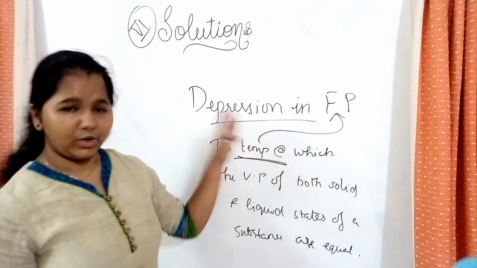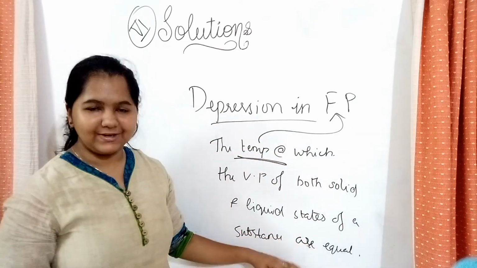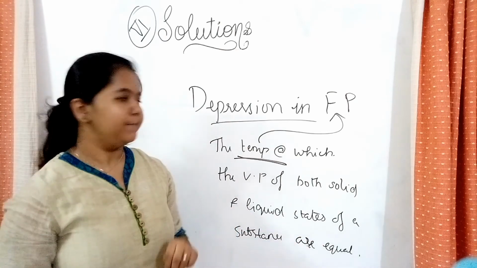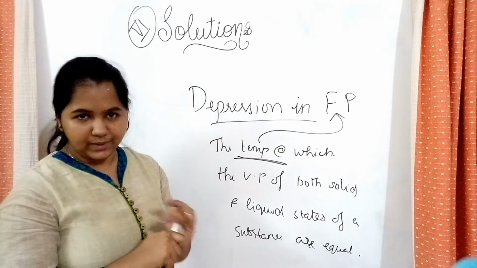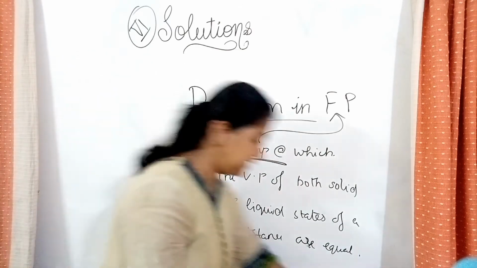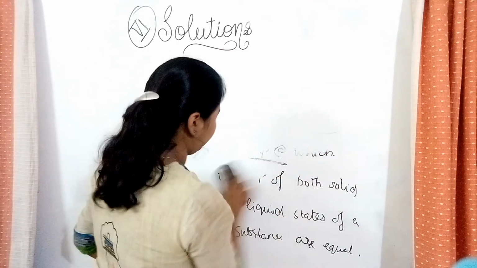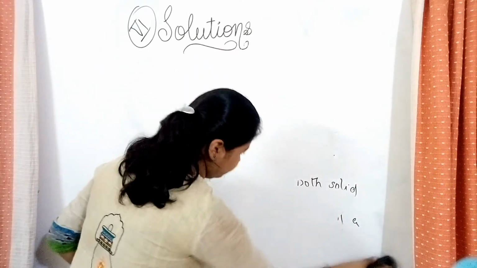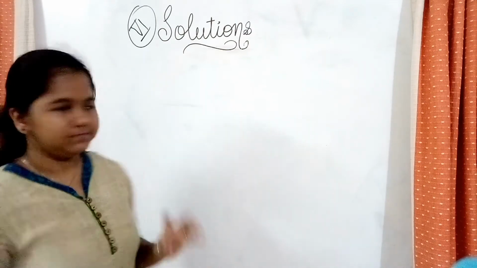So what can you say? This is a dynamic equilibrium between the solid and liquid states. That is what the freezing point is. Let's see a graph and you will get a clearer idea.